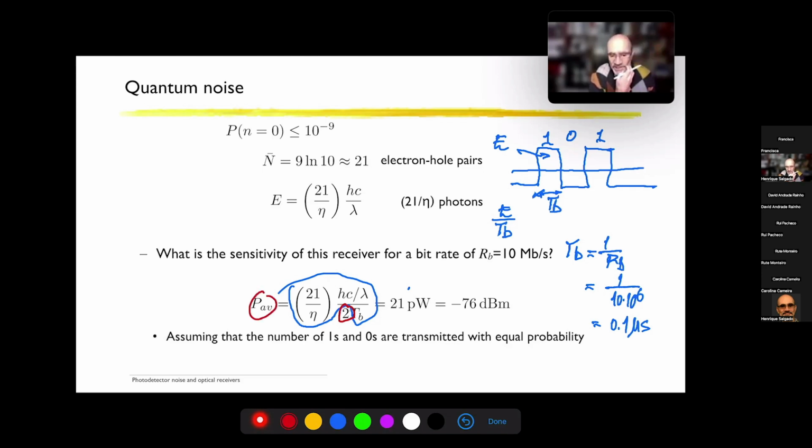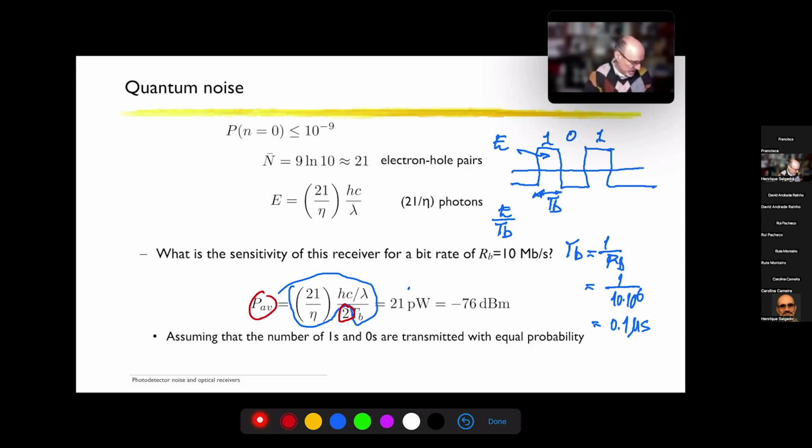Which tells us that the receiver sensitivity associated with this quantum noise is, for a probability of 10 to the minus 9, 21 picowatts or minus 76 dBm. All right.